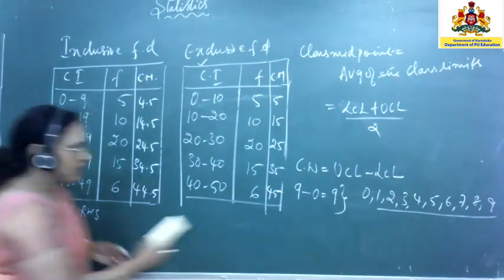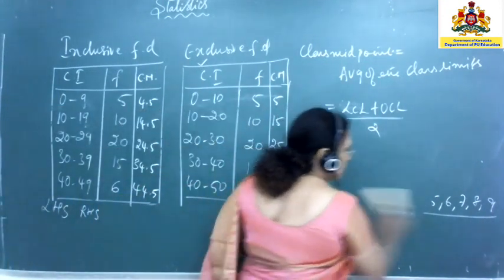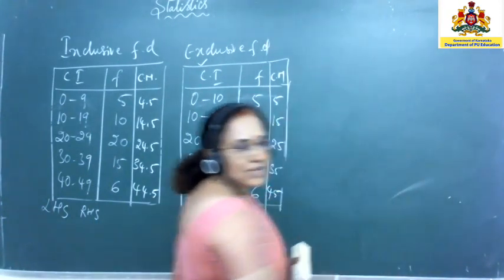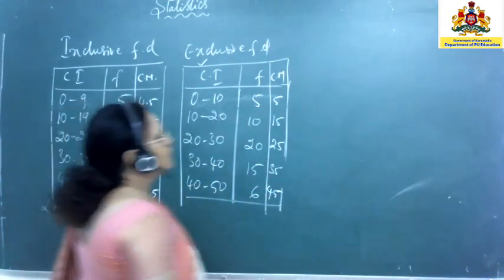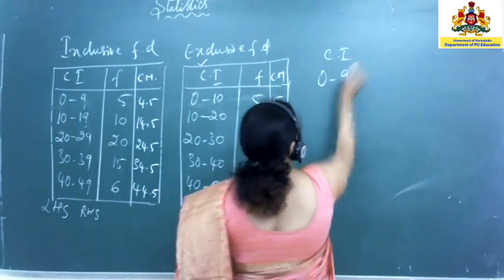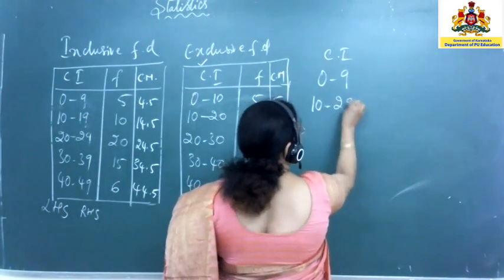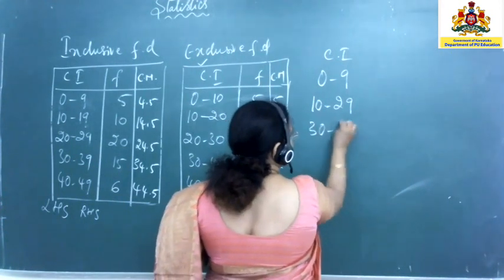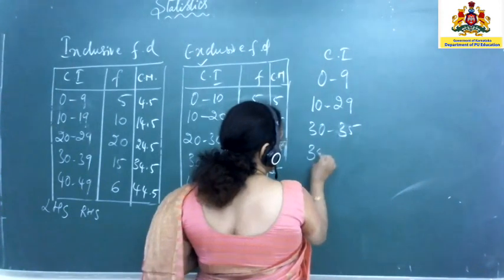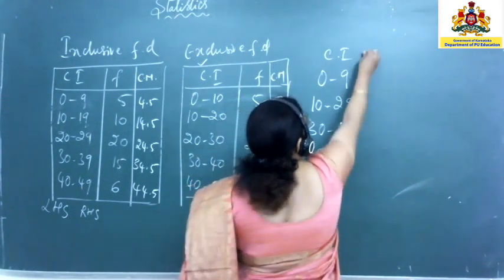Now, sometimes what happens, it may be exclusive or inclusive, but the class width will not be the same. Say for example, you write like this: 0 to 9. Next may be 20 to 29. Next may be 30 to say 35. Next may be 35 to 55. Is that clear?